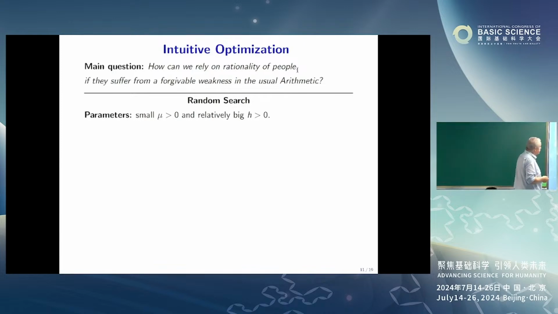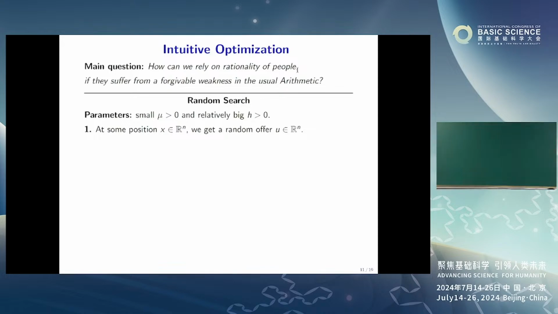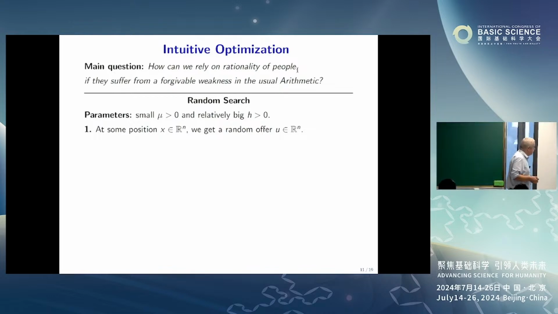Now, our point is characterized by position, and so we go along the direction U with very small step. Look what happens with our function.